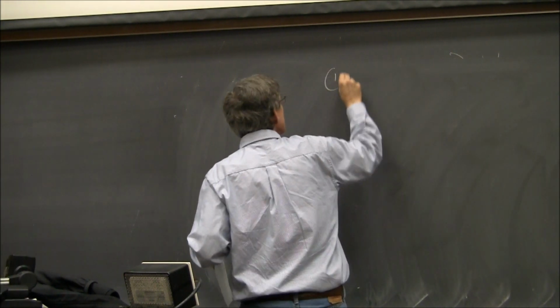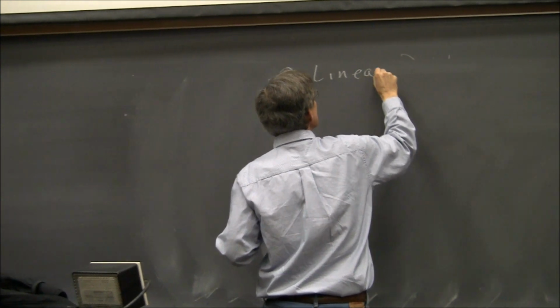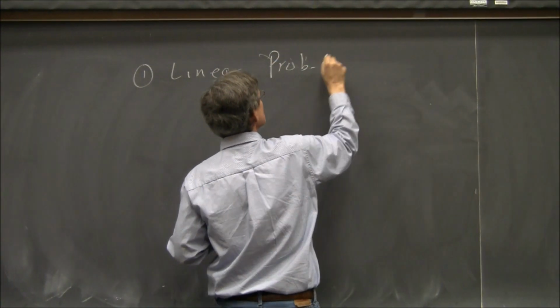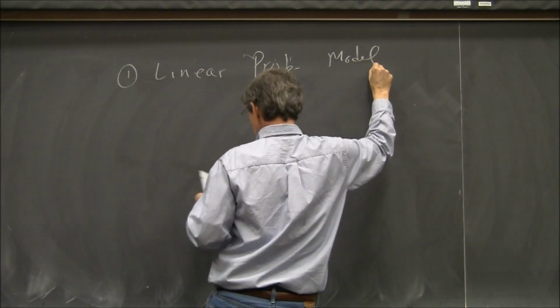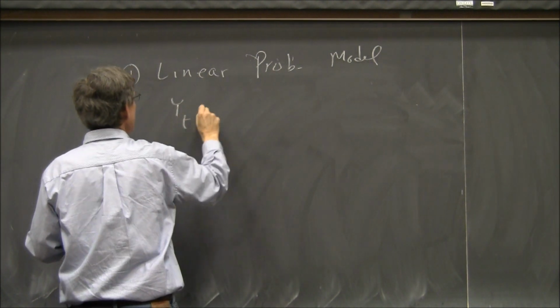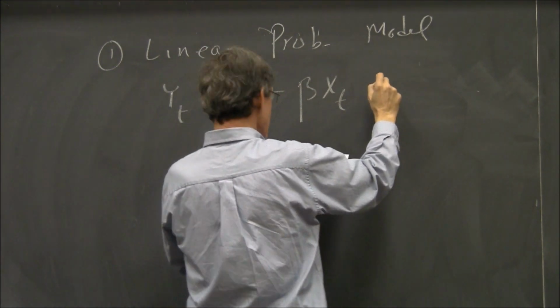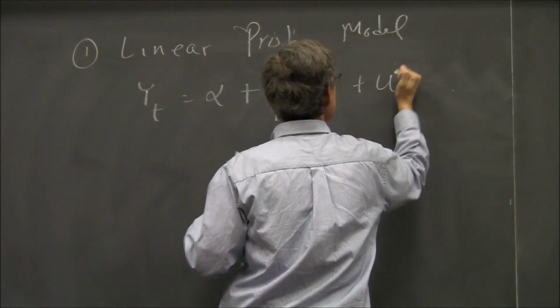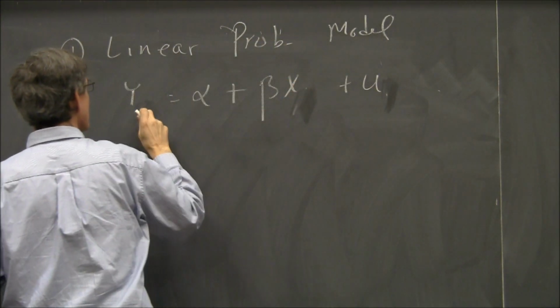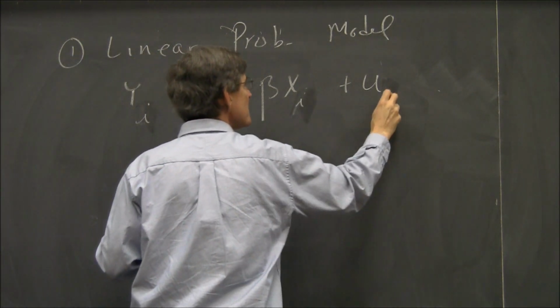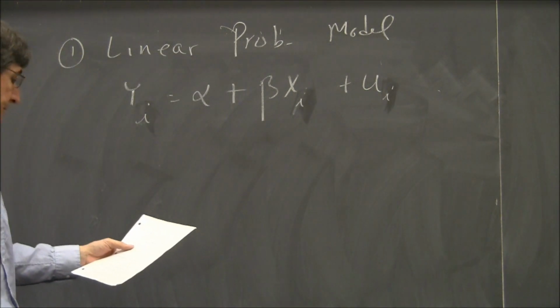So the first model we wrote down was the linear probability model. And it looked like all of our other models. I'm using t's here. I probably should use i's. It's probably better to think of this in a cross-section of people. So let me switch the notation.